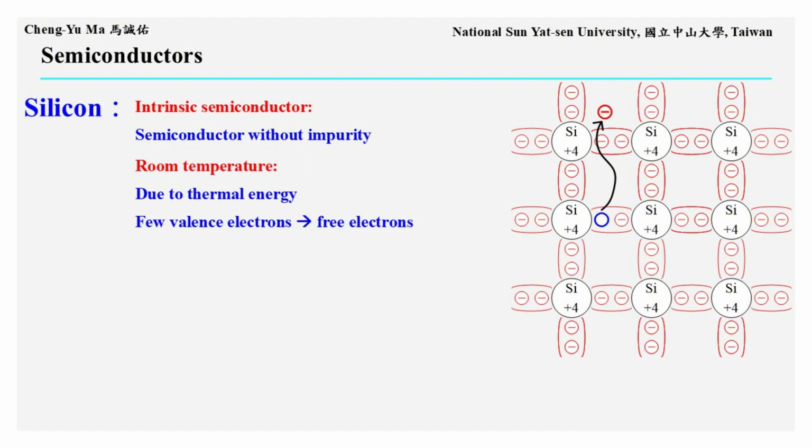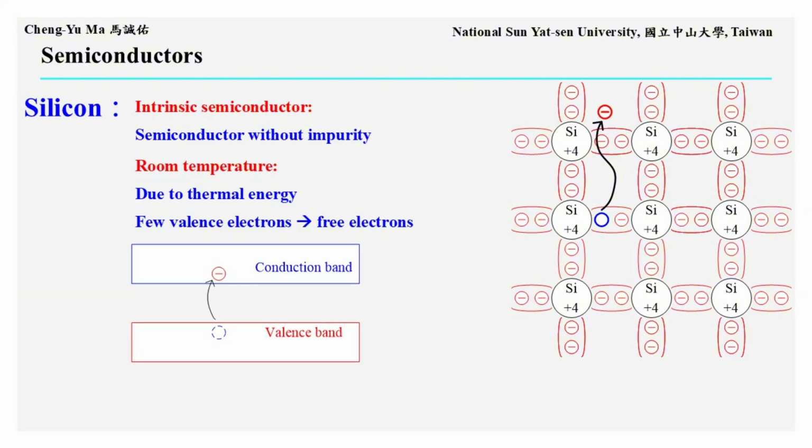For intrinsic silicon at room temperature, where T equals 300 Kelvin, a small number of valence electrons absorb thermal energy from the environment. They break free from the covalent bond constraint and transition from a lower electronic energy level to a higher electronic energy level, forming nearly free electrons, as shown in the figure.